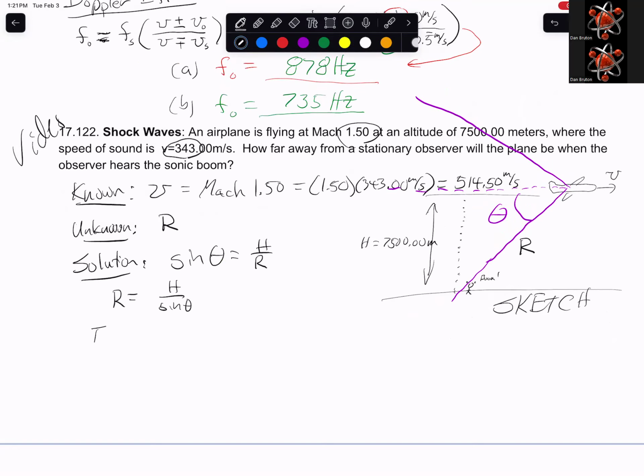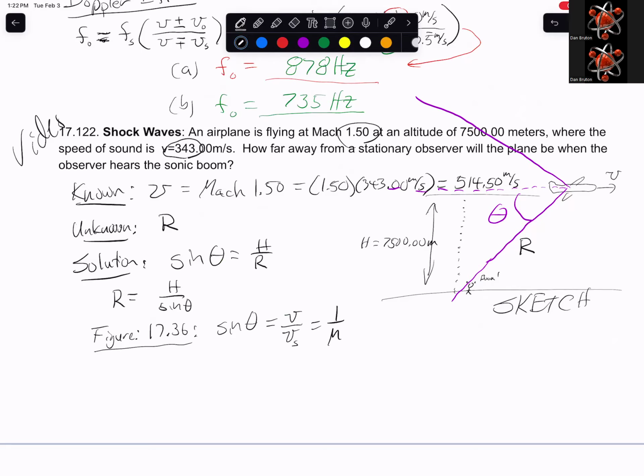But in figure 17.36, and also in the equation on the same page that follows, there's another connection between the sine of theta and physical parameters. And that is, if you take the speed of sound over the speed of the source of that sound, or basically 1 over the Mach number.